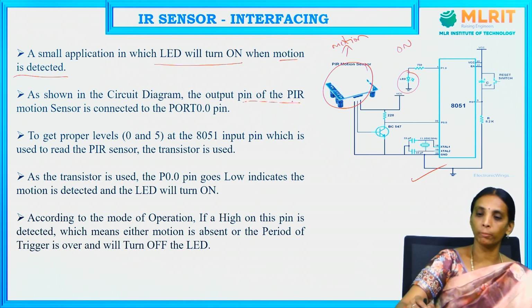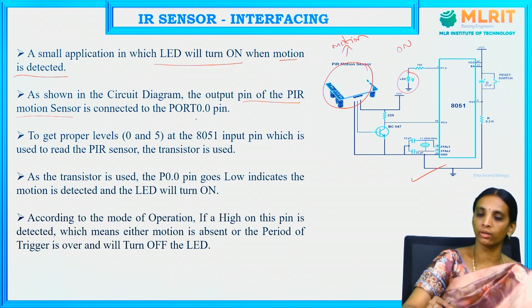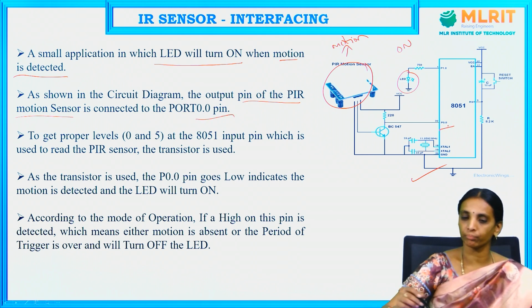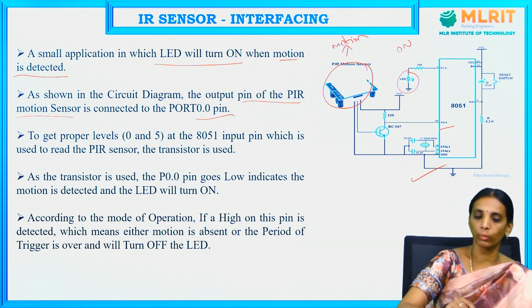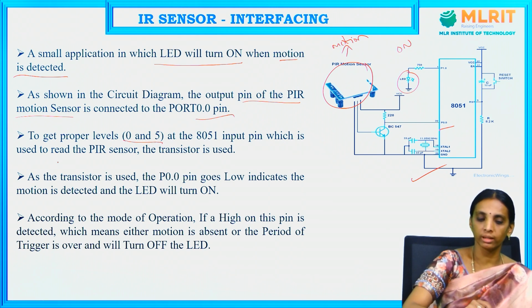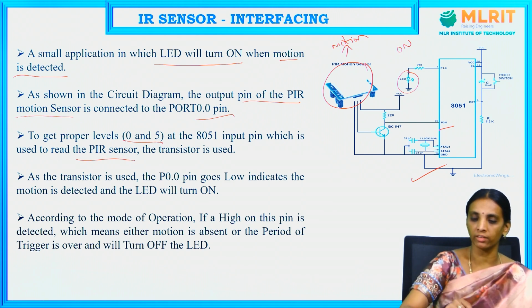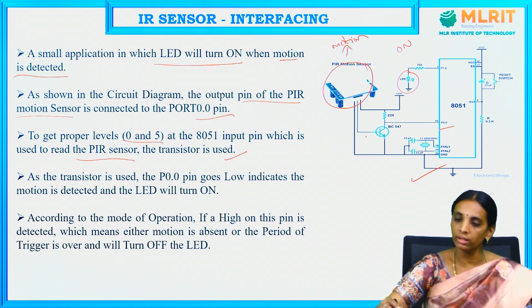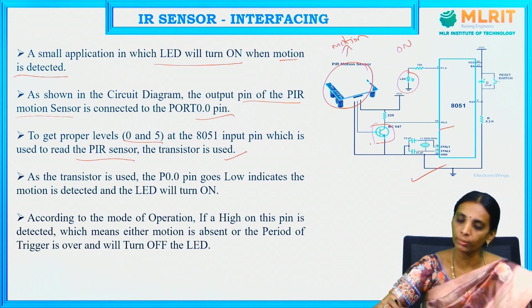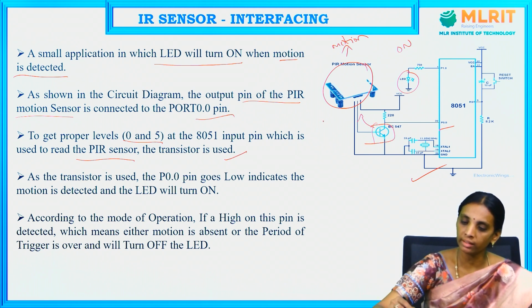The output pin of the PIR sensor is connected to port 0. To get proper levels of 0 and 5 volts, which is used to read the PIR sensor, a transistor is used. We connect the transistor to the PIR sensor to detect 0 volts or 5 volts, the minimum and maximum values.